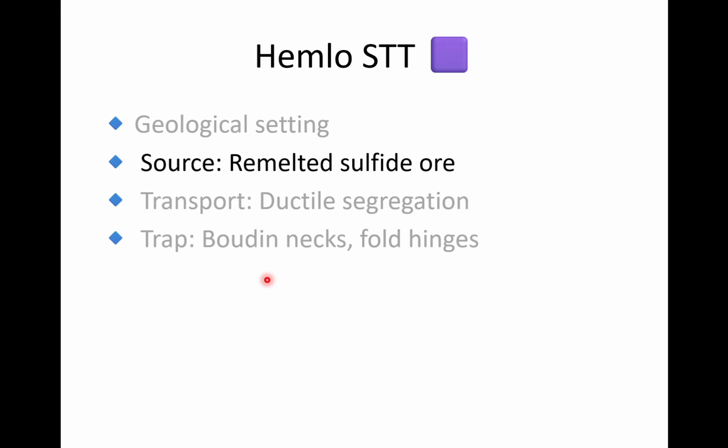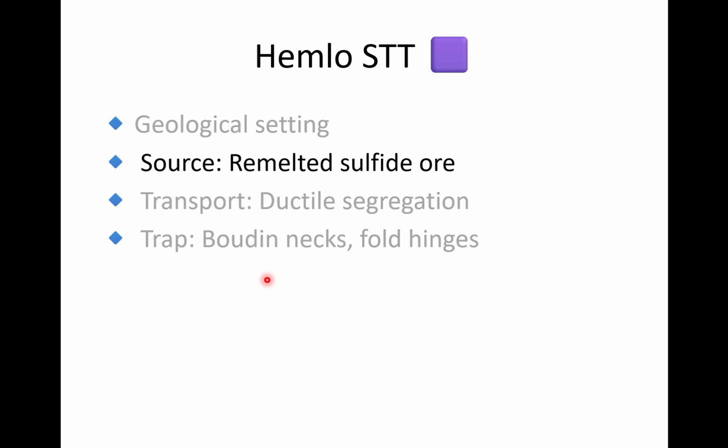I can say, in essence, the source of gold became the pre-existing mineralization itself, remobilized by metamorphic melting. And this is a special case where the source is local. The rock hosting disseminated gold was effectively reliquefied to liberate gold again.